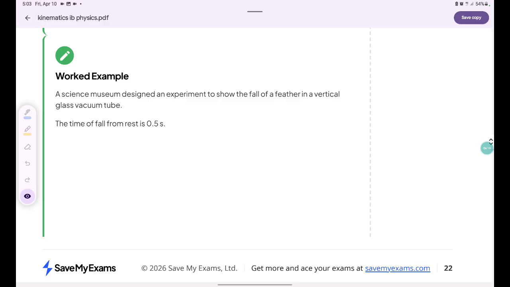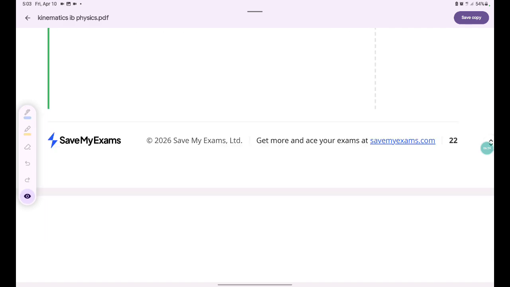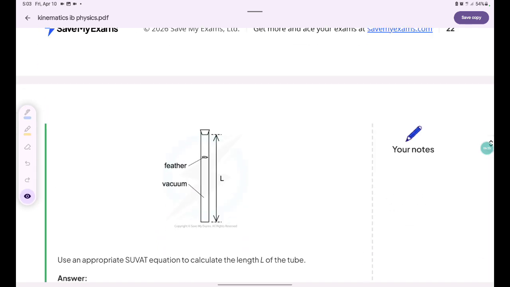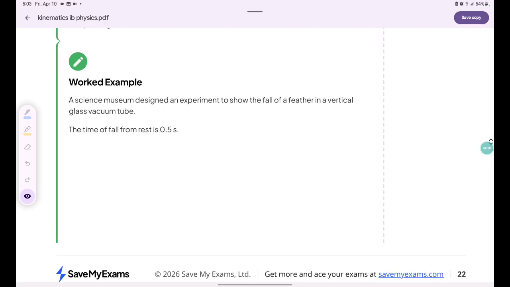Let's move on to the next part. Example number 2. A science museum designed an experiment to show the fall of a feather in a vertical glass vacuum tube.